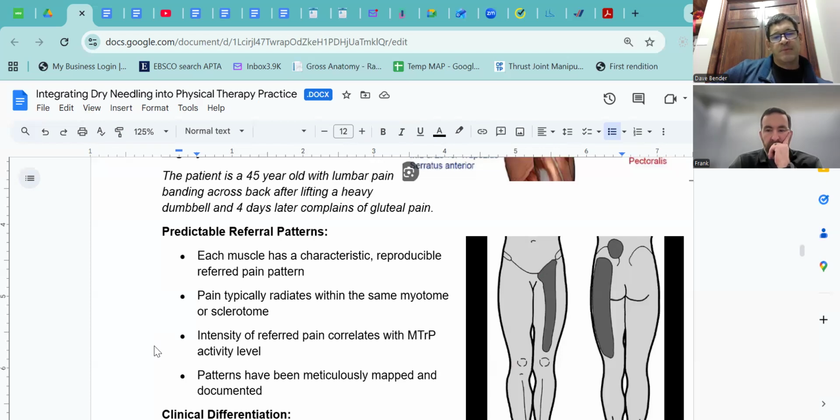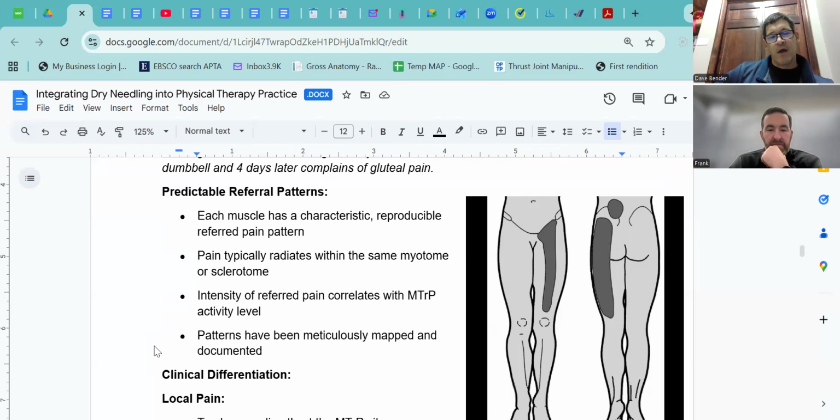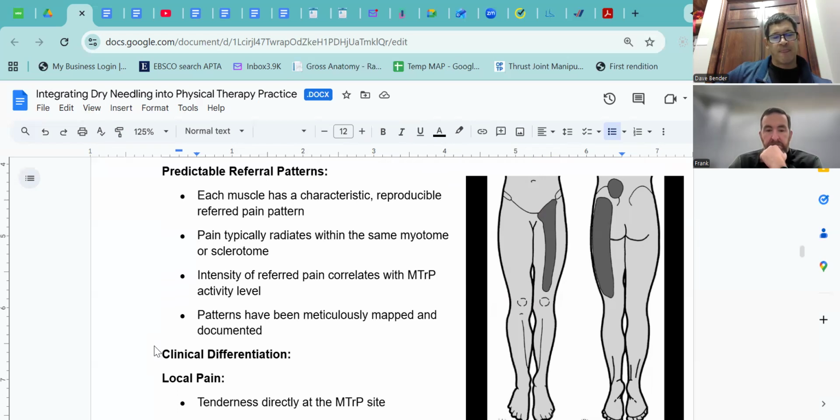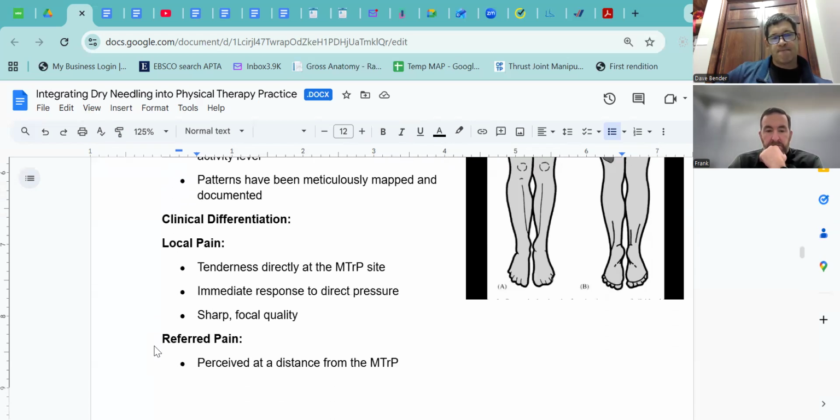Pain typically radiates within the same myotome or sclerotome, from a general standpoint. Intensity of the referred pain correlates with myofascial trigger point activity levels. And these patterns have been meticulously mapped and documented, with Travell and Simons being the classic model and book that looks at that, as well as others.